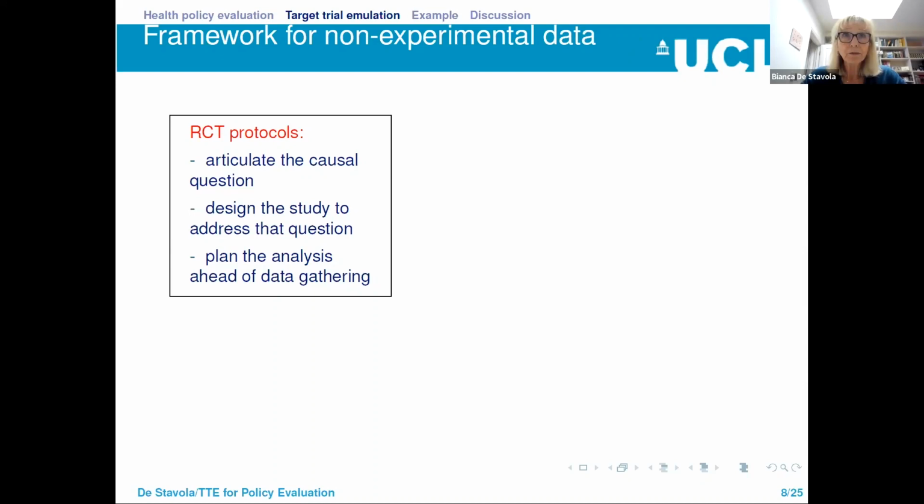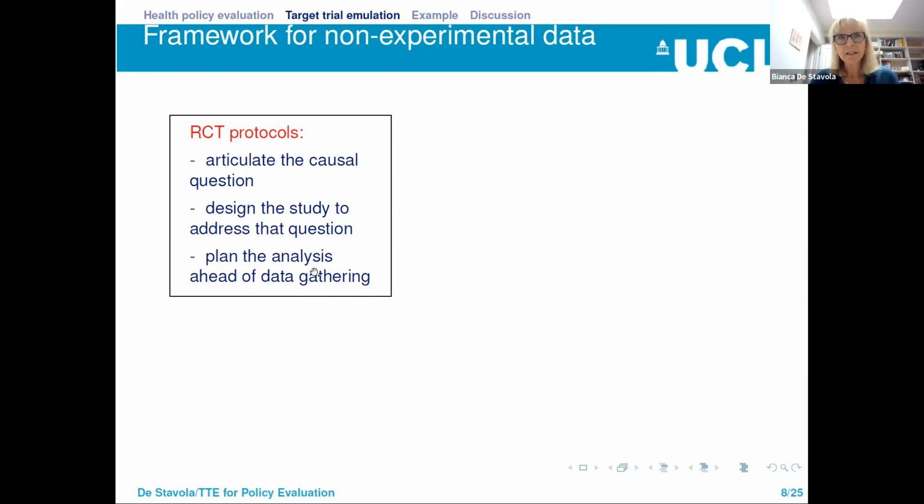So what does this framework do? It copies what RCT protocols do. RCT protocols, first of all, articulate the question: what is the comparison? What are we going to find out? Is this intervention effective in changing the risk of cardiovascular disease? Then they design the study to address that particular question, and that will require defining the population, the outcome, the exposure, and the follow-up.